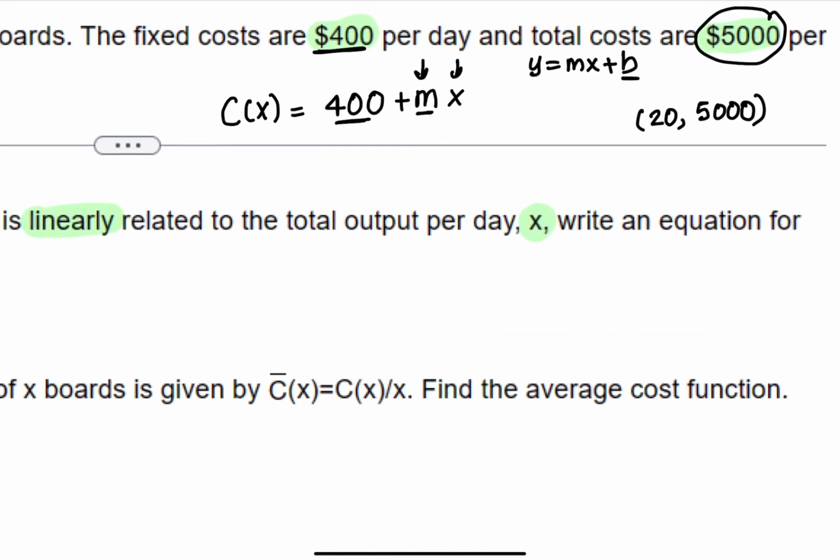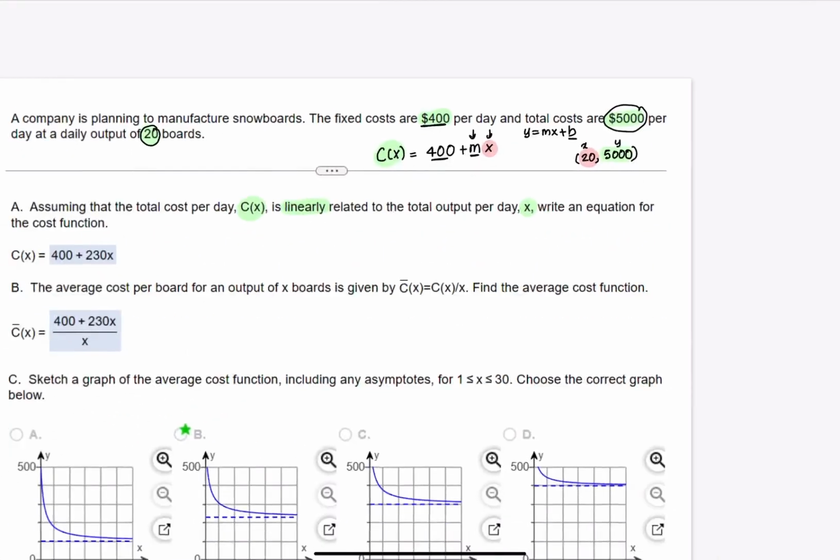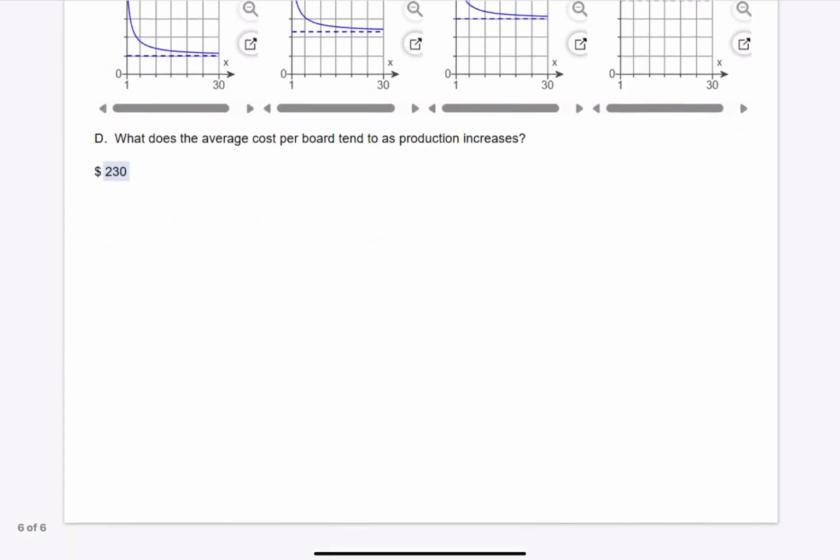So now to find my m value, this is my x, this is my y, I will simply plug in 5,000 in place of C of x, and I will plug in 20 in place of x. Let's go ahead and do that. So I have C of x is equal to 400 plus mx.